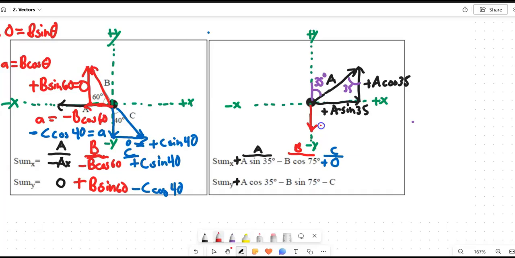So I'm going to call that portion negative B sine of 75 degrees. Now, the horizontal portion is negative also, so that's got to be pointed to the left, so we're going to add that to it right here. And that's going to be negative B cosine of 75 degrees.